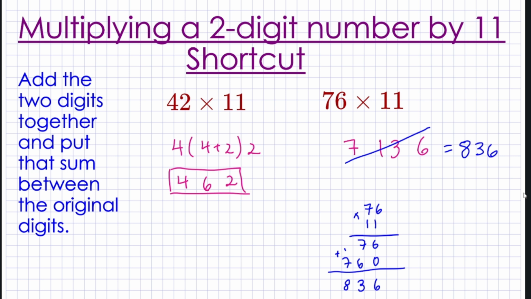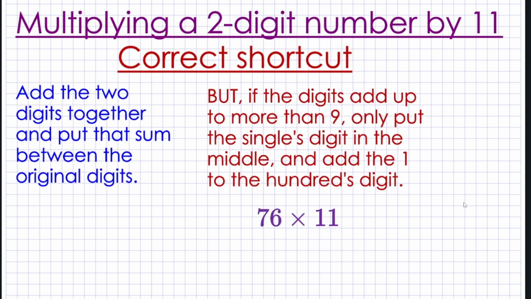You probably saw from this work what actually happened. So you don't actually put the whole 13 here, you only put this 3 here, but then you add this 1 to the 7. So don't just blindly put the sum between the two original digits. So here's a corrected version of the shortcut. Yes, you're going to add the two digits together and put that sum between the original digits.